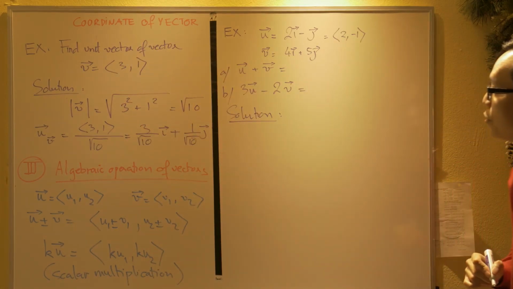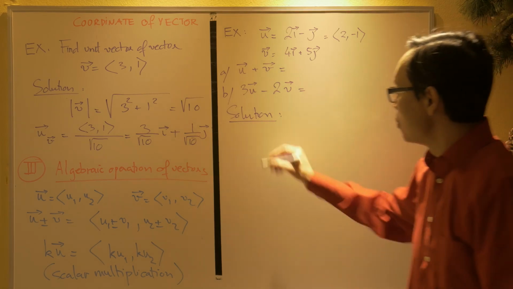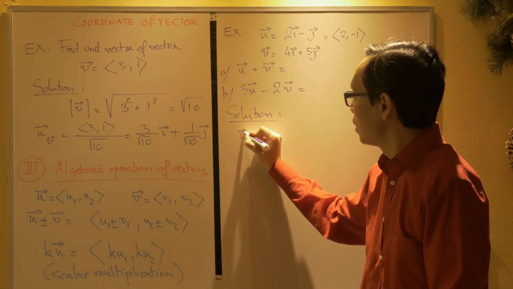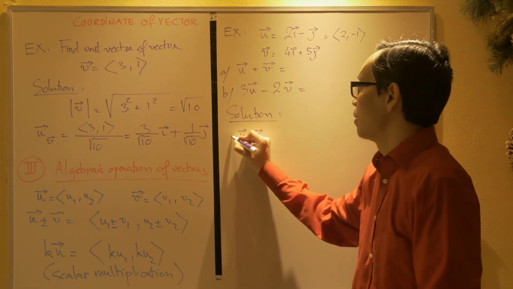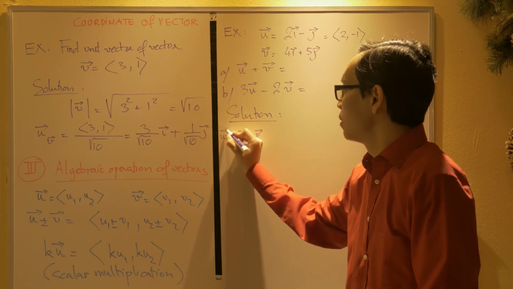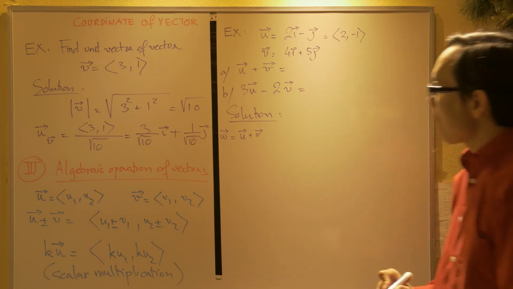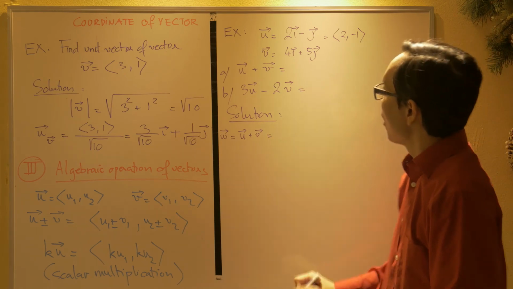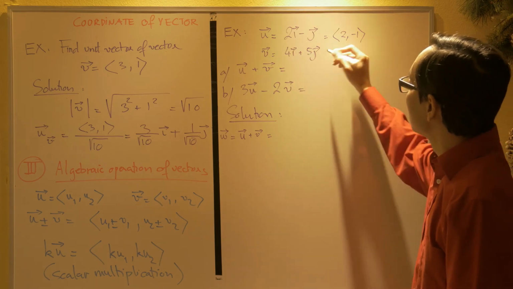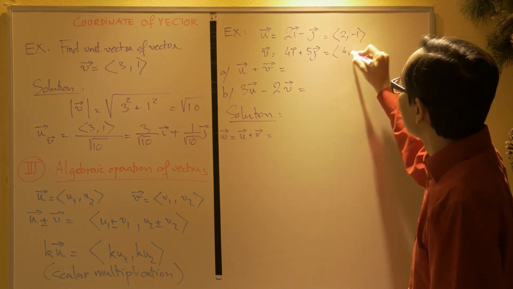First of all, I'm going to do u plus v. u plus v gives you another vector, so let me call that vector w.